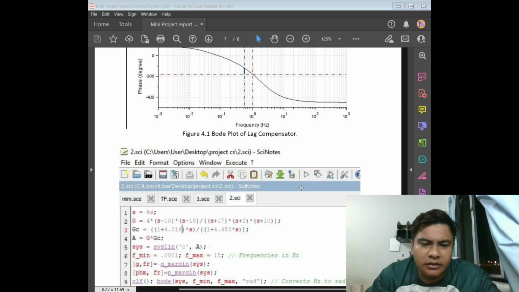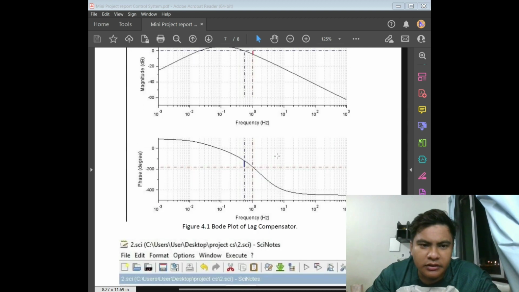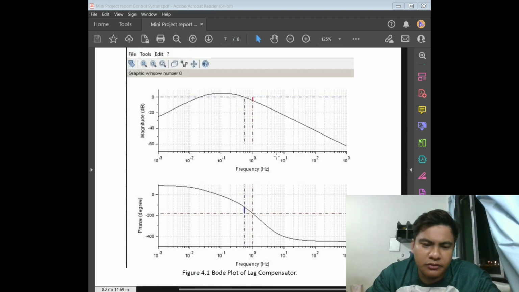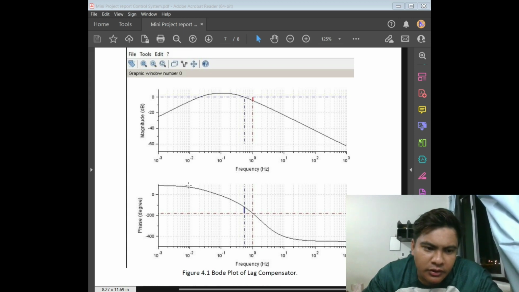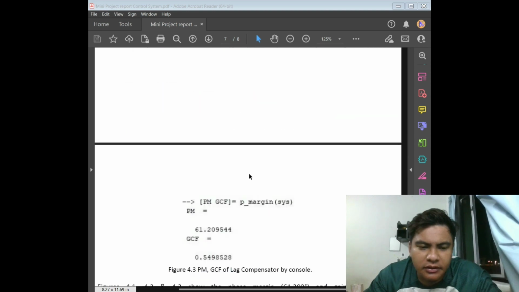Then this is the coding to find the compensator, and here is the Bode plot. This is the magnitude and then the phase.